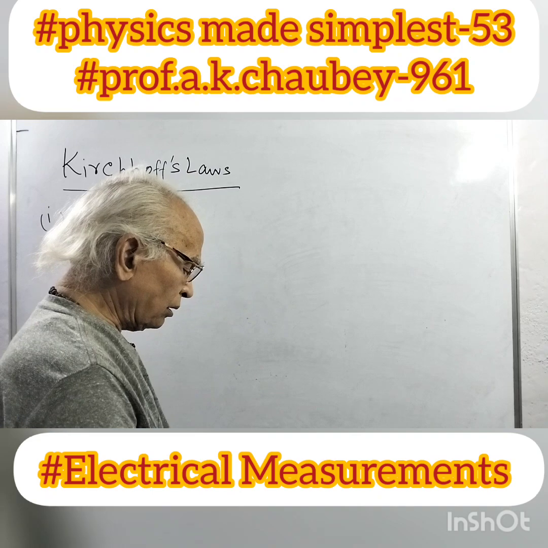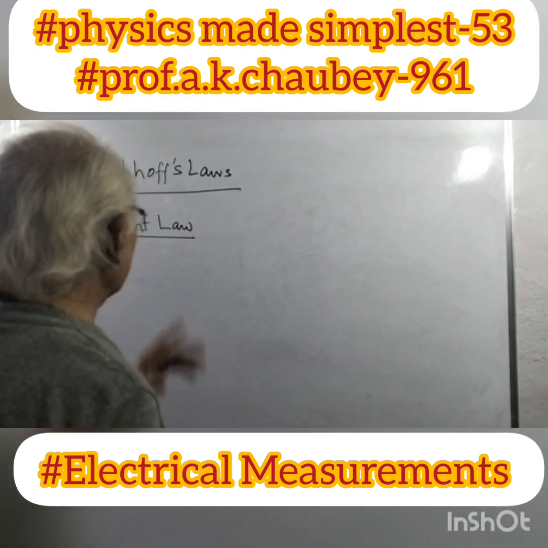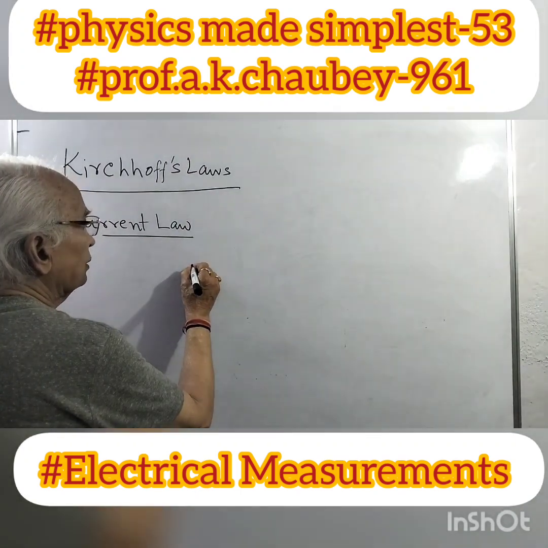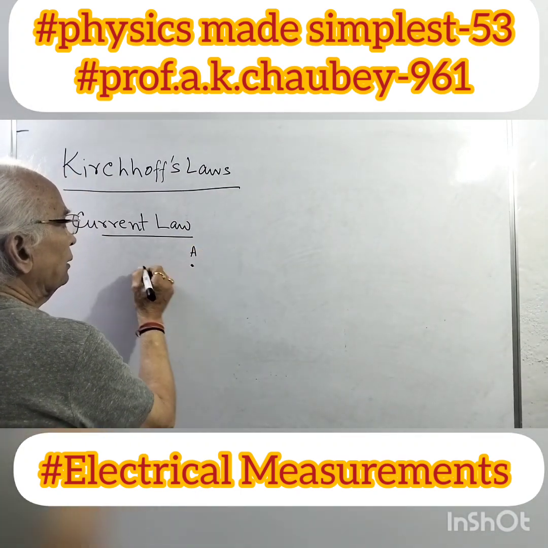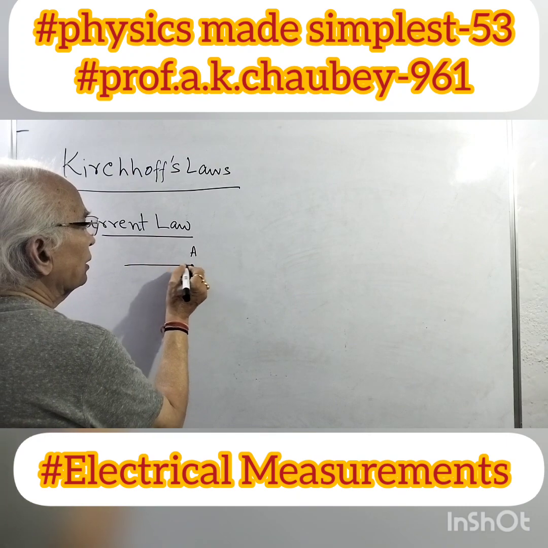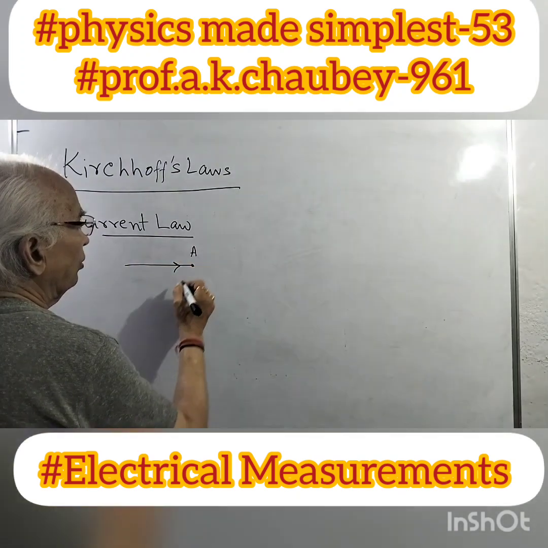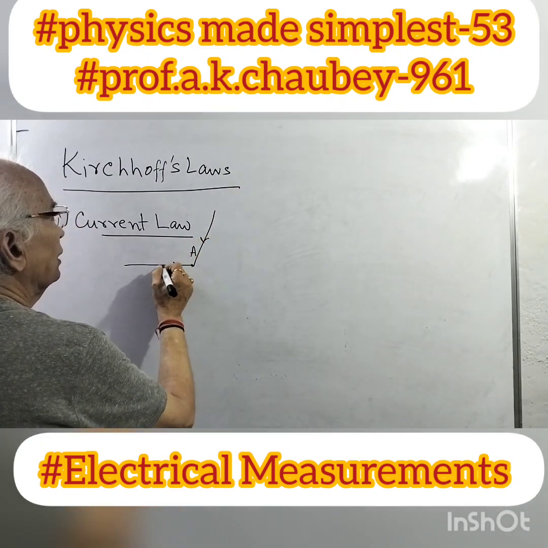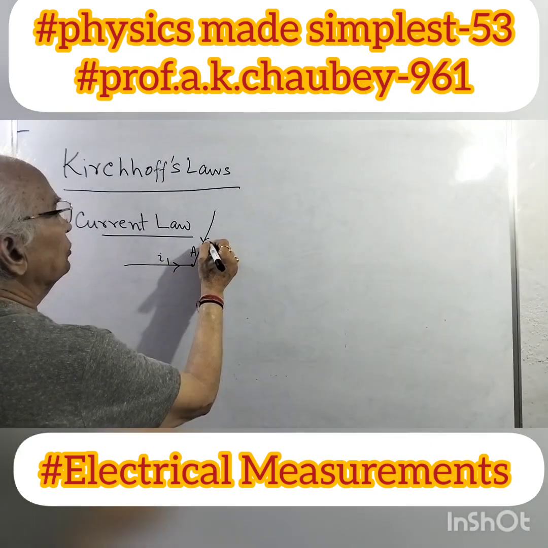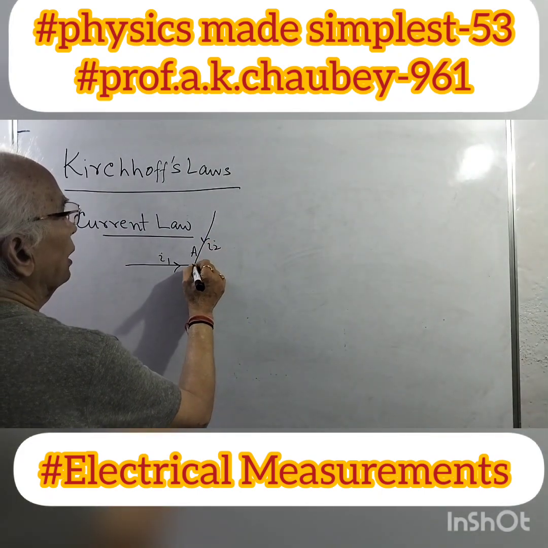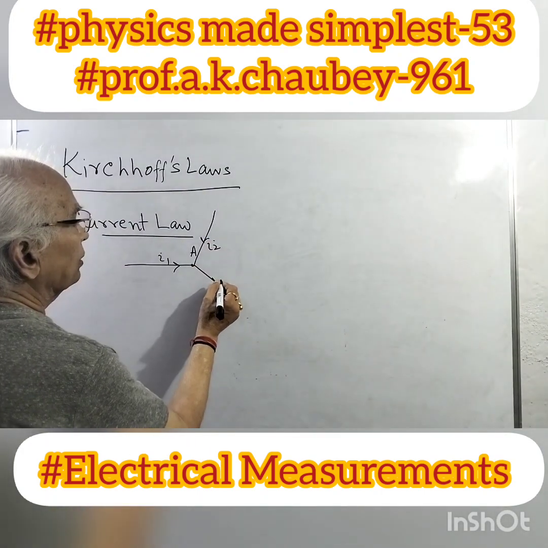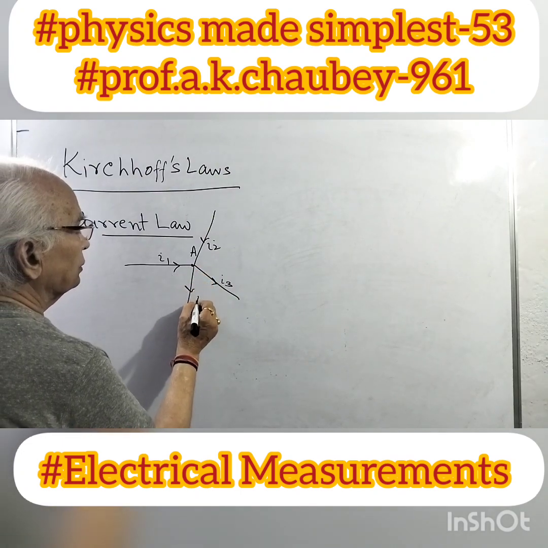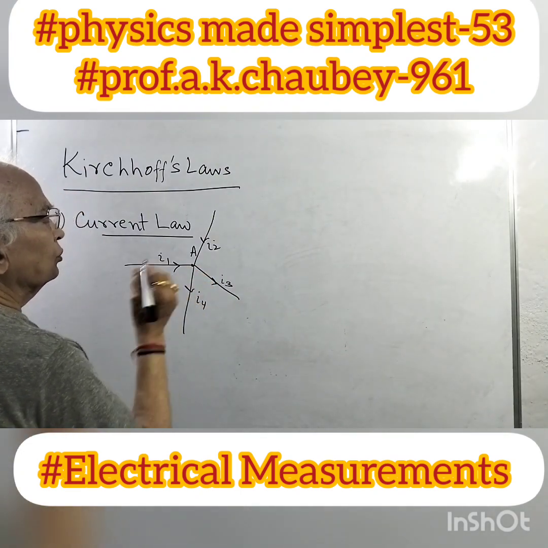Say we have a certain point A, and there are branches of the circuit, with current reaching from different sides: I1 current reaching, I2 current reaching, I3 current leaving from here, and I4 also leaving, and so on.